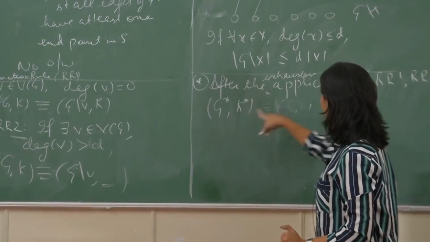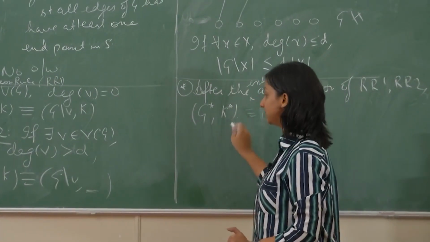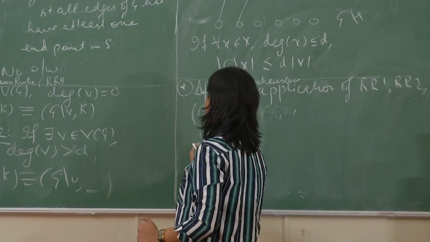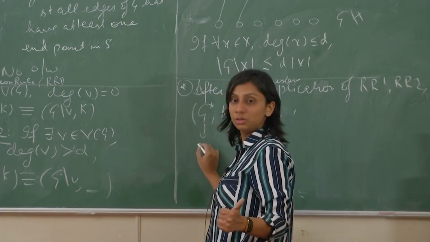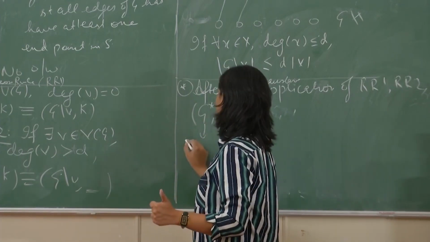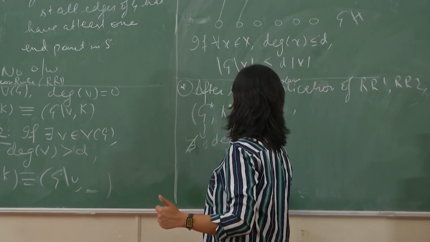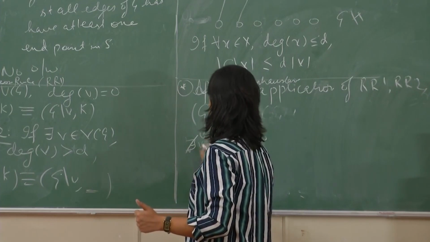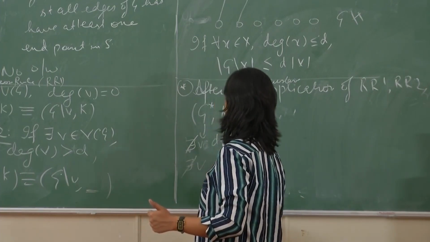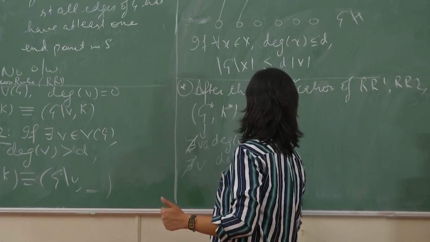What I know is that this instance has no vertex of degree 0, and it is not the case that there exists a vertex of degree greater than D.